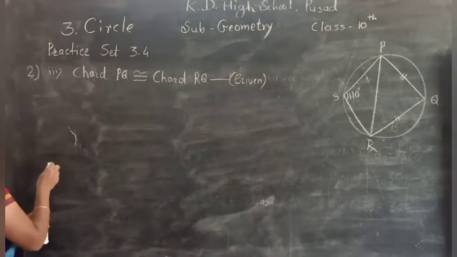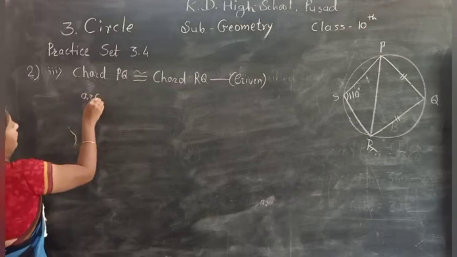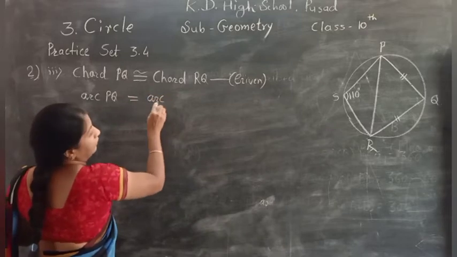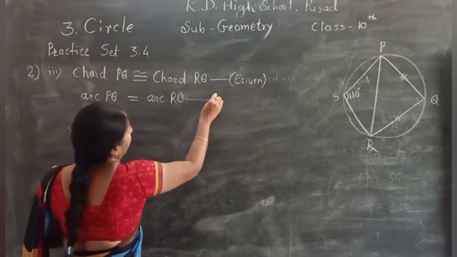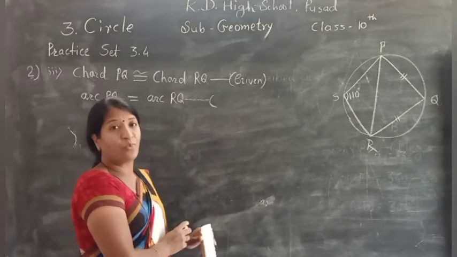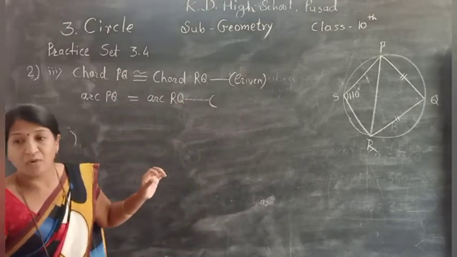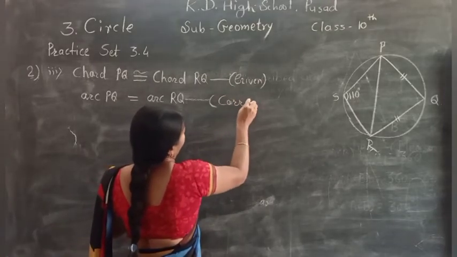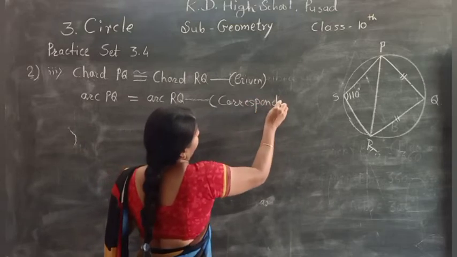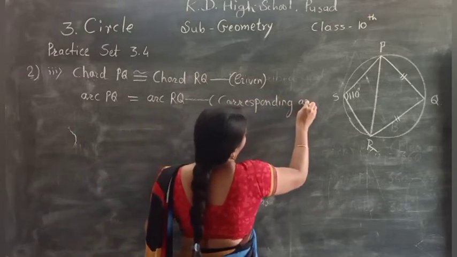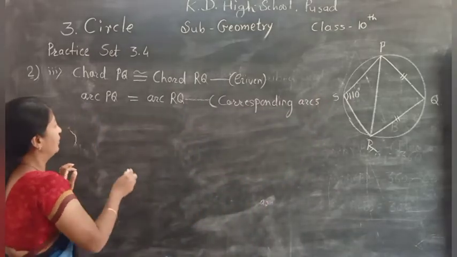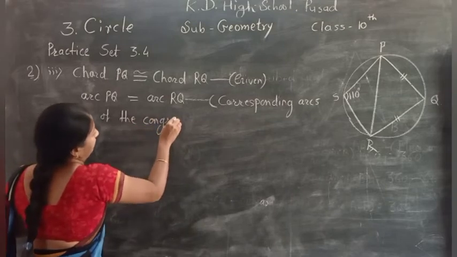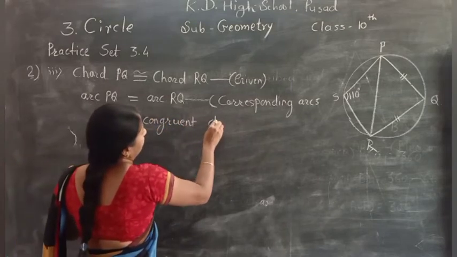Therefore arc PQ is equal to arc RQ, corresponding arcs of the congruent chords.